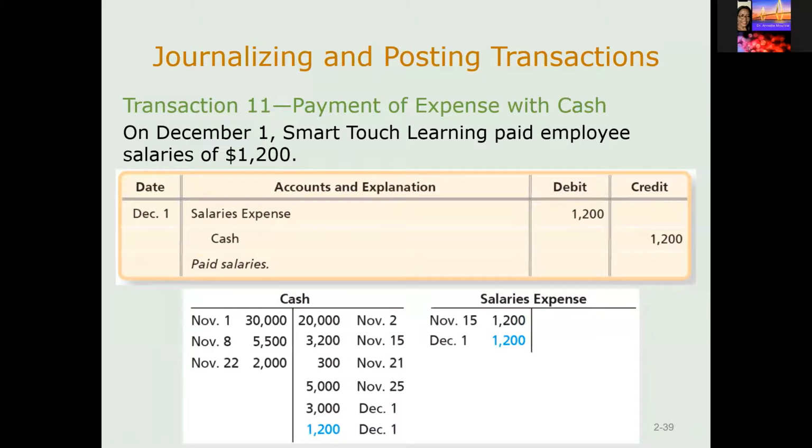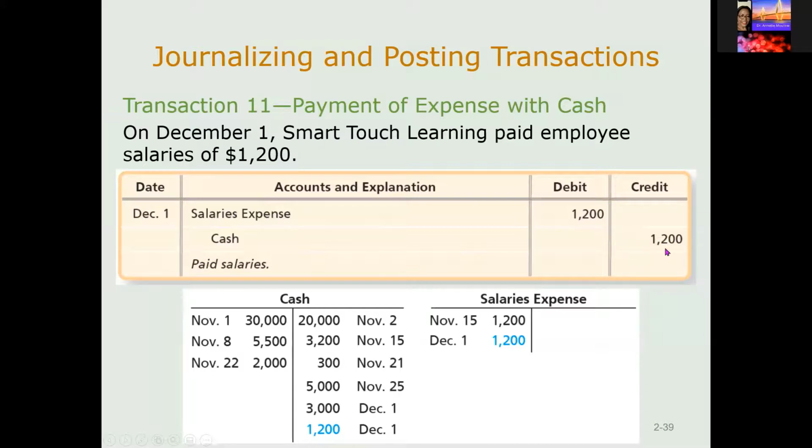Transaction 11. On December 1st, Smart Touch Learning paid employee salaries of $1,200. The two accounts involved here are cash and salary expense. Now, cash is decreased with a credit of $1,200, and salary expense is debited for $1,200.